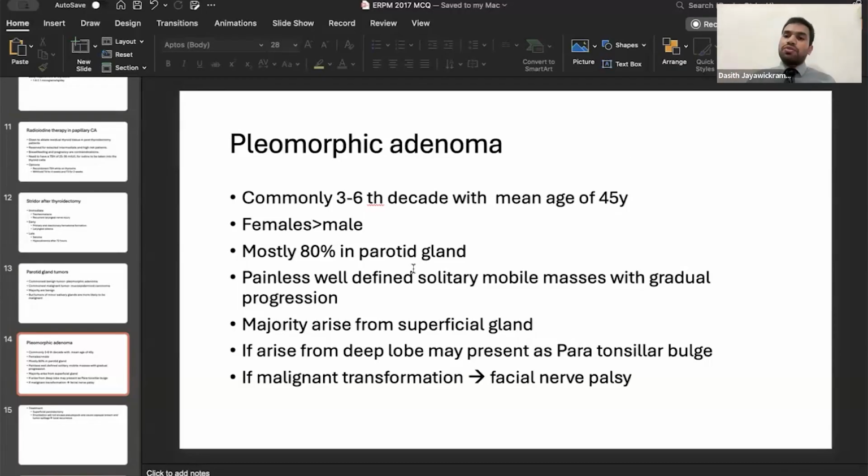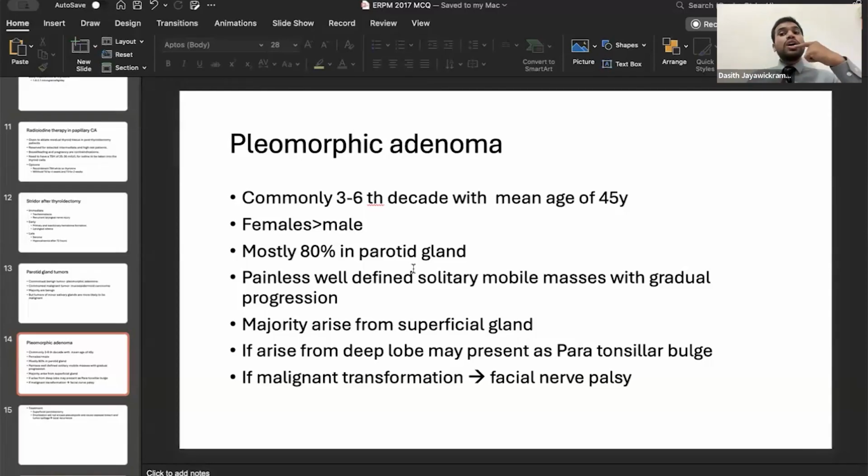Now you can divide the parotid gland into two parts: deep and superficial. So the superficial part gives origin to most of these pleomorphic adenomas. But sometimes it can develop in the deep part also. If these tumors are developing in the deep part, then sometimes you will not feel a large tumor growing.